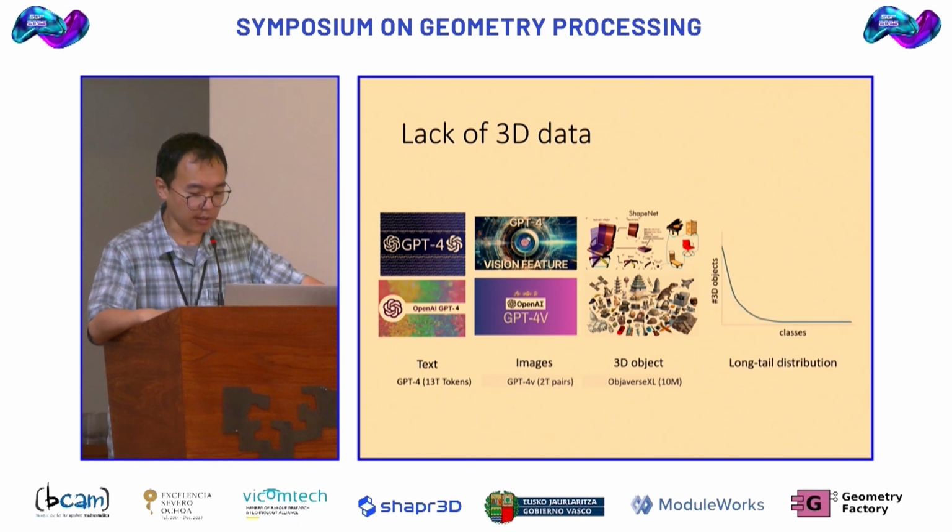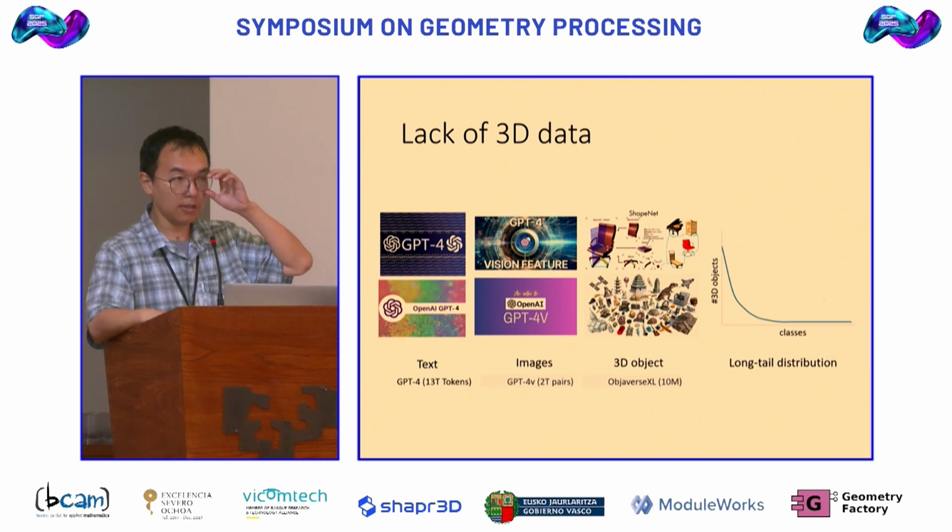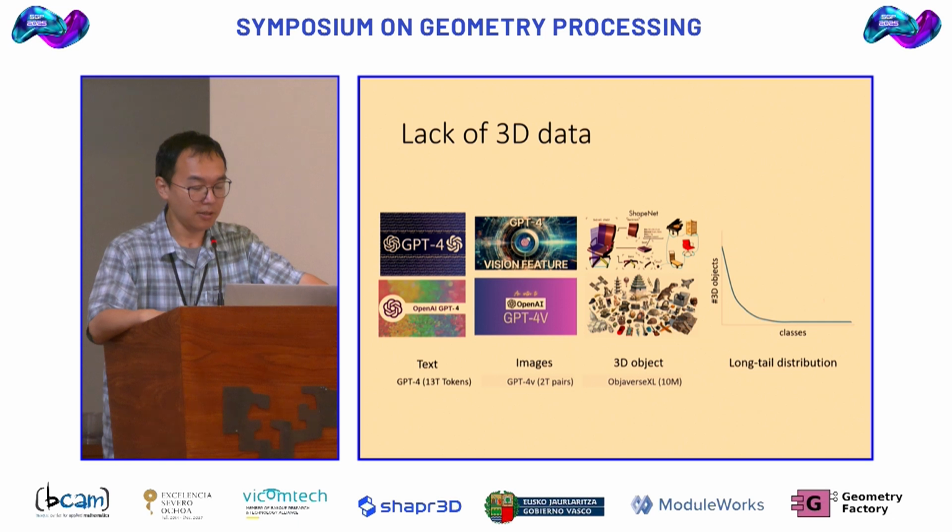In addition, we have a long tail distribution, meaning some categories are well represented, like chairs and furniture models. But in many other categories we only have 10 or 20 models, because those models are very difficult for humans to model.